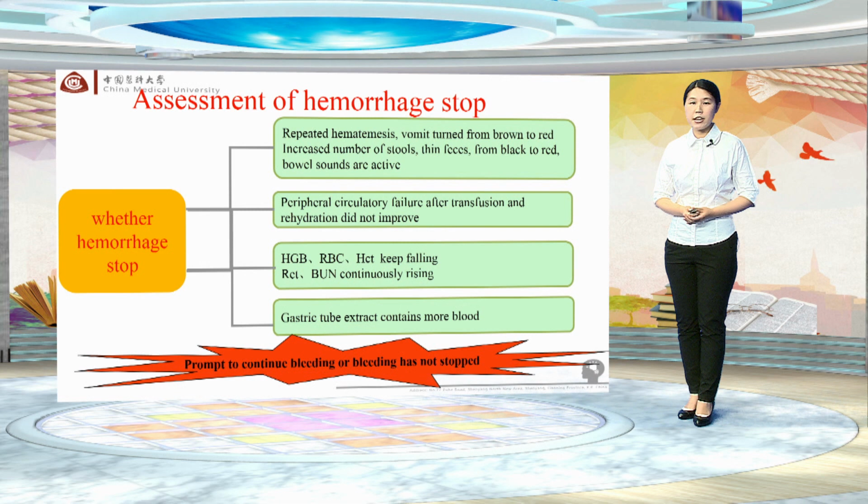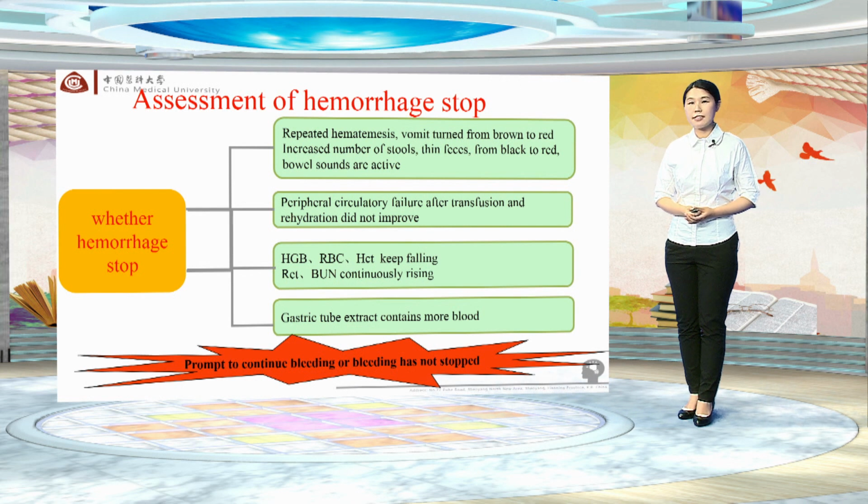The first is the patient's repeated hematemesis, vomit turning from brown to red, and increased number of stools, thin feces, from black to red, and bowel sounds are active. Or the patient's peripheral circulatory failure after transfusion and rehydration did not improve. Or the contents drawn through the stomach tube contain more blood.